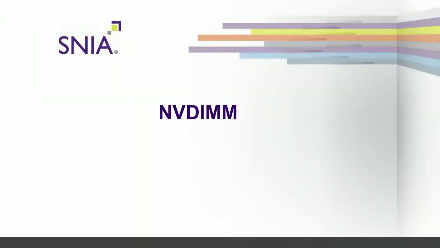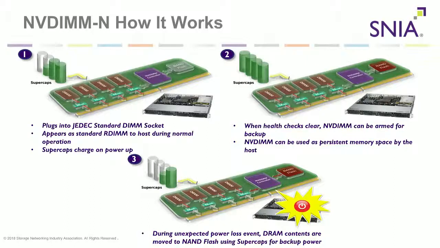All right, so that was a basic introduction to persistent memory, where we are, what's happening in the market today. So today, what I'm going to do is deep dive into the NVDIMM-N product. NVDIMM-N is currently available in the market, and you can buy one of those today.